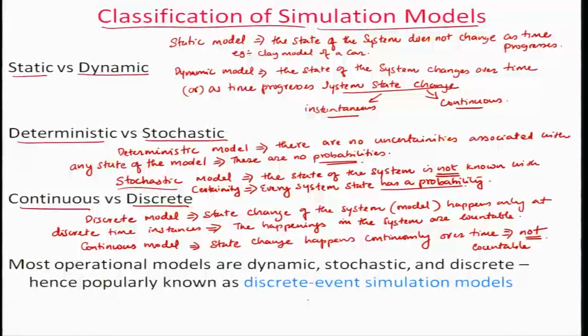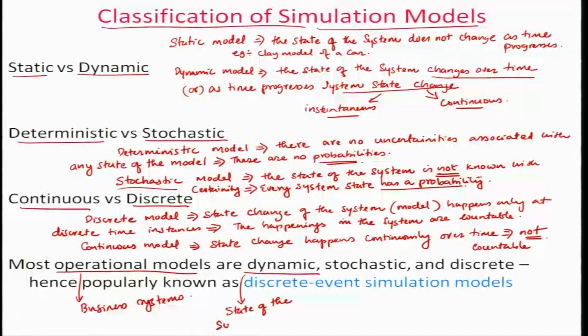So, for our course, most of the models that we are going to study, these operational models, in this case we are talking about business systems, are dynamic. Dynamic means the state of the system changes over time.